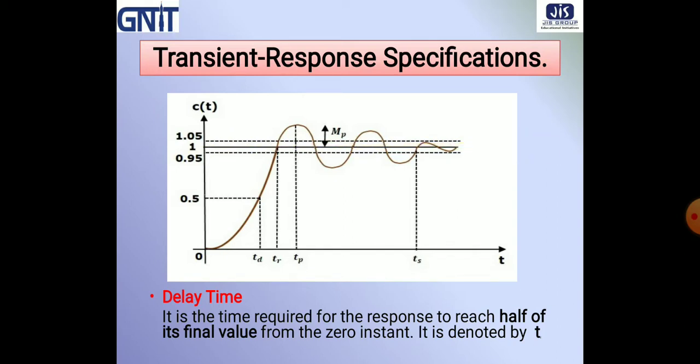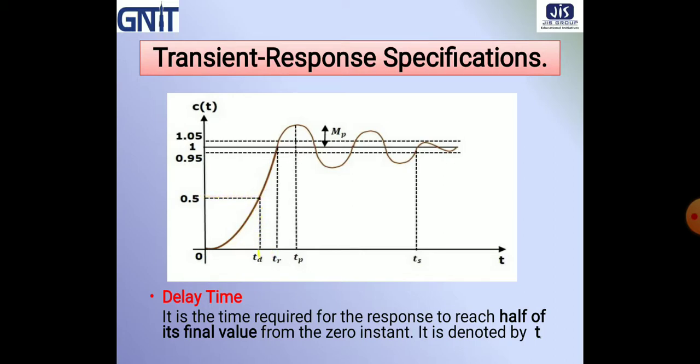Now what is delay time? It is the time required for the response to reach half of its final value from 0 instant, and it is denoted by Td. So here Td is our delay time, and it is the time response of the 50%.